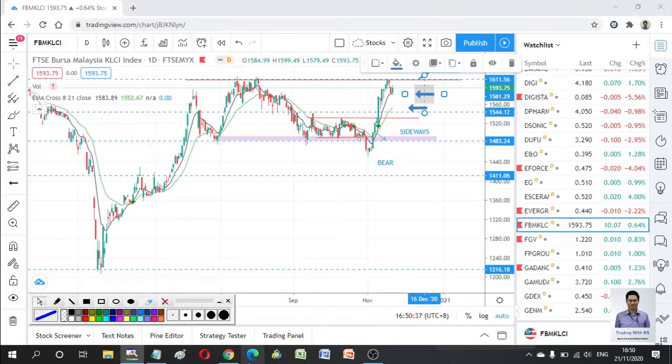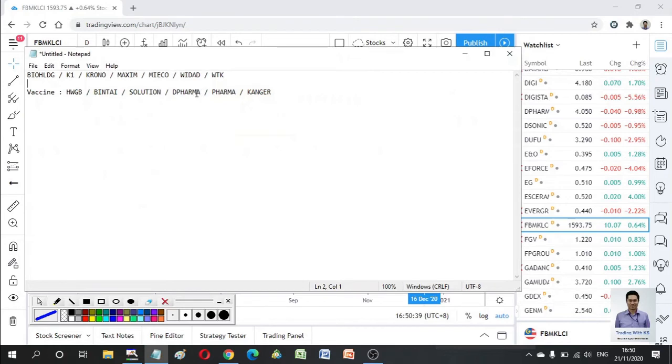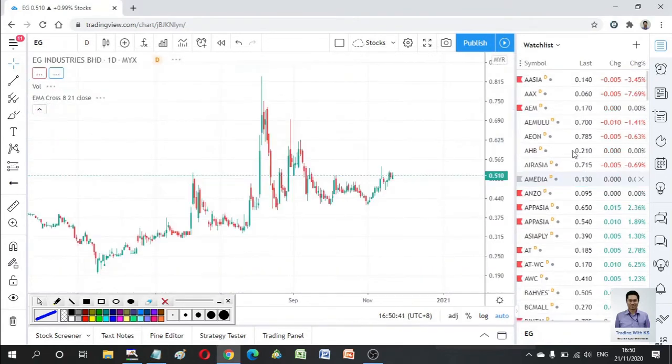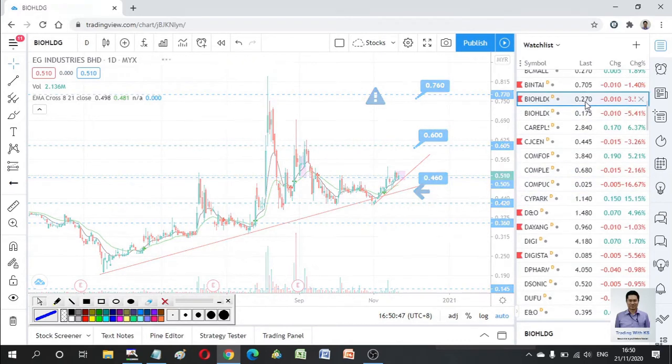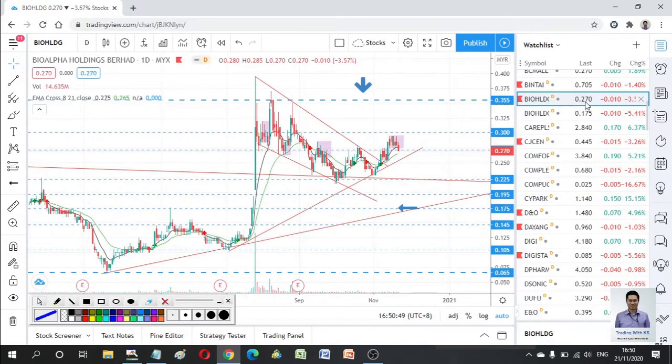Let's quickly look at the last week, the stock that we discussed, buyer holding. We talked about this trend line, right? If the price actually comes down and bounces at this trend line, there's a good possibility for you to buy again.